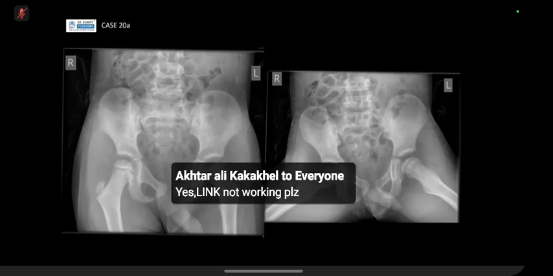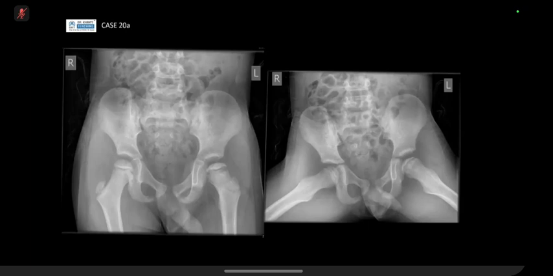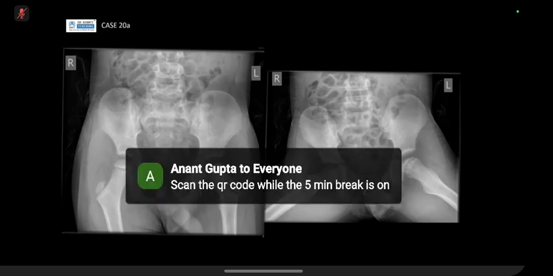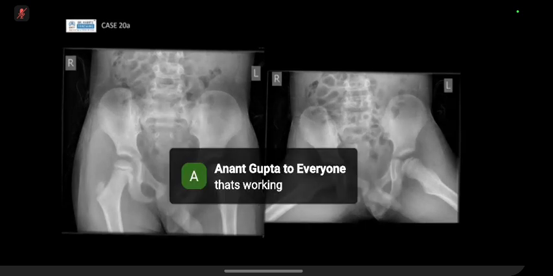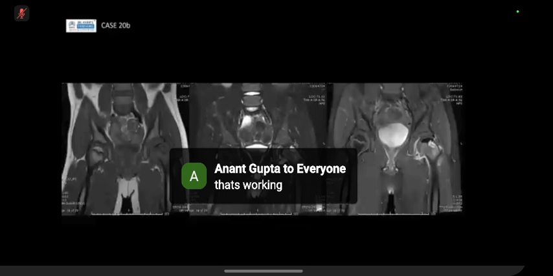The growth plate appears good. So findings are most likely suggestive of Perthes disease, AVN of the left femoral head epiphysis, due to decrease and collapse of the left femoral head epiphysis and widening of the joint space, which is joint effusion, the early sign. Okay, good.